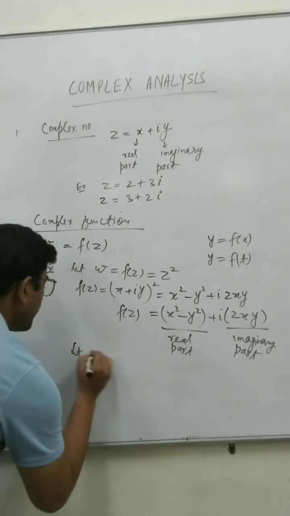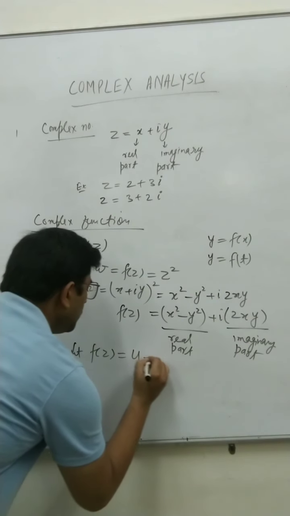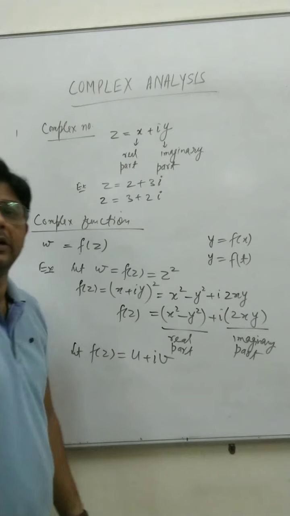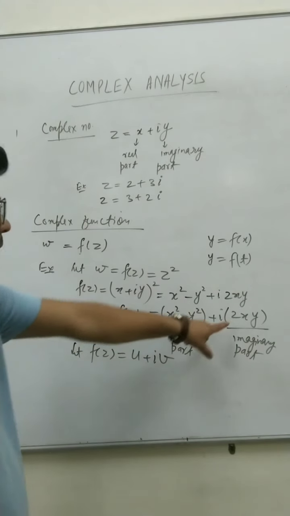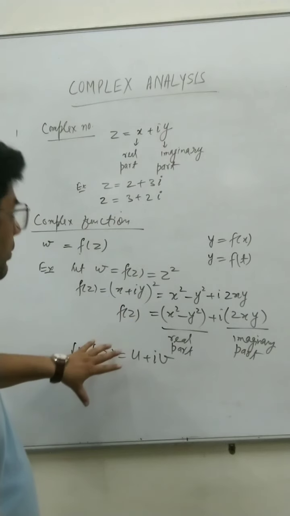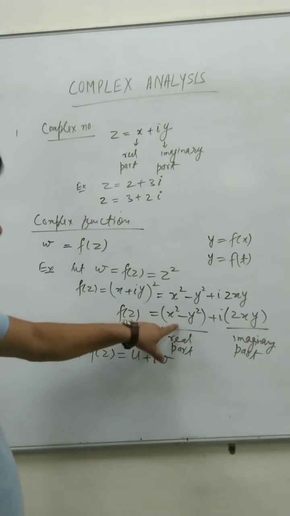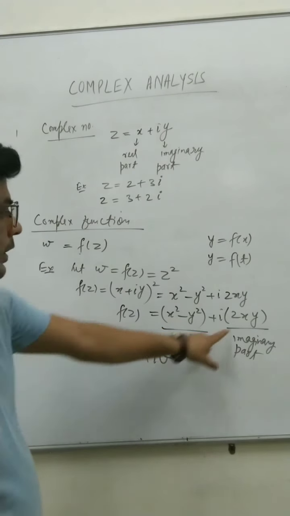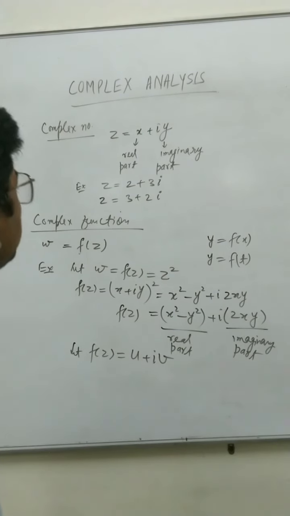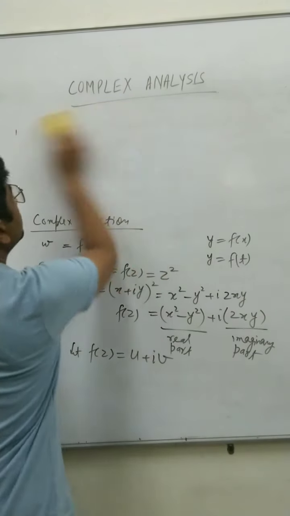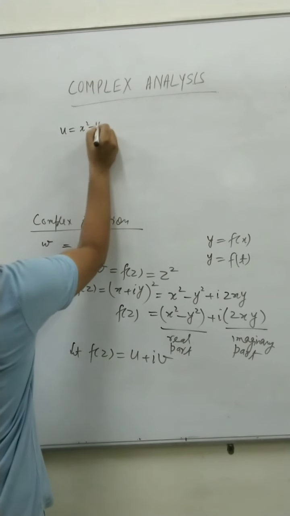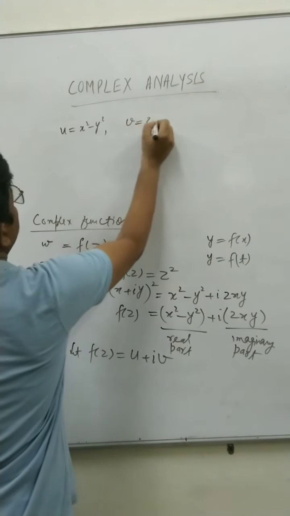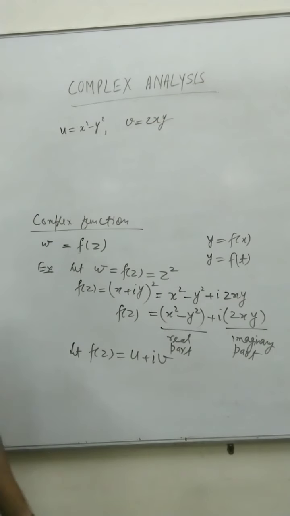So let f(z) equal u plus iv, where u is the real part of f(z) and v is the imaginary part of f(z). In this example, u is equal to x square minus y square and v is equal to 2xy.